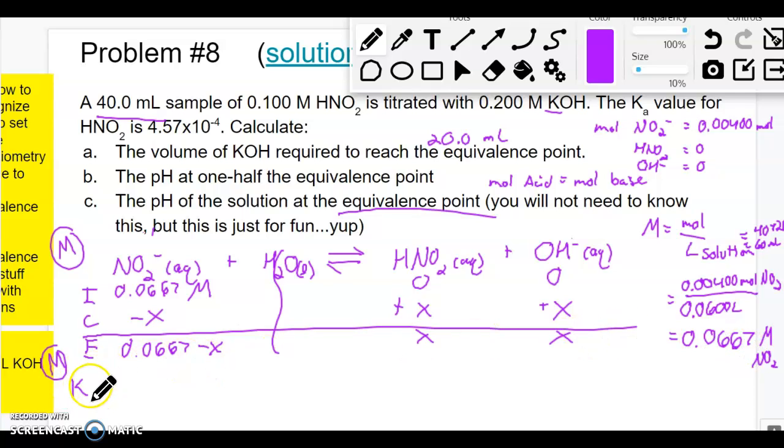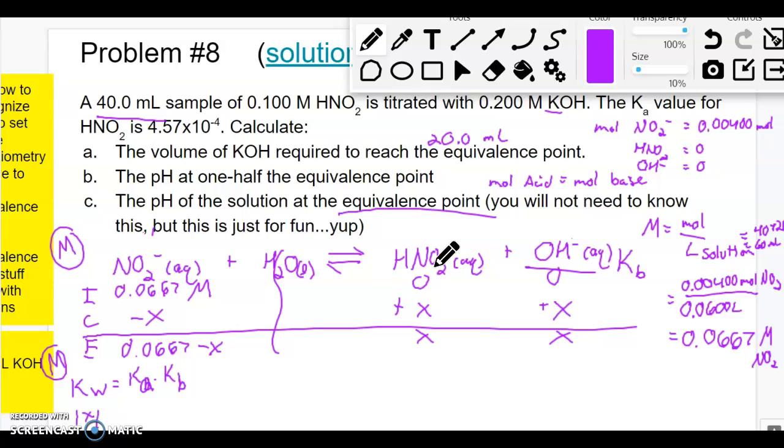Now I can go back and use it in my Kb expression, and that's the part here too: they give you a Ka value, but this is not an equation for a Ka. Because they have OH minus, this is a Kb equation. So I've got to convert it. Kw is equal to Ka times Kb.